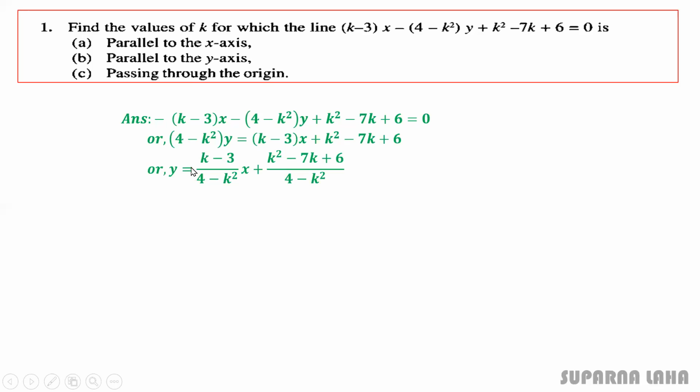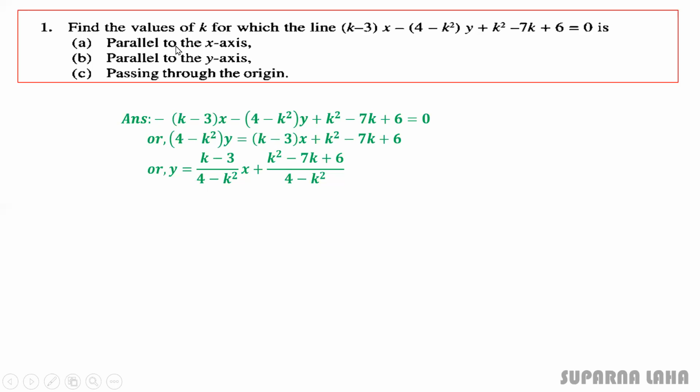If we represent the line in the slope-intercept form, y equals mx plus c. So this is m, (k minus 3) by (4 minus k square). And c, that is the y-intercept, is (k square minus 7k plus 6) by (4 minus k square). Clear?